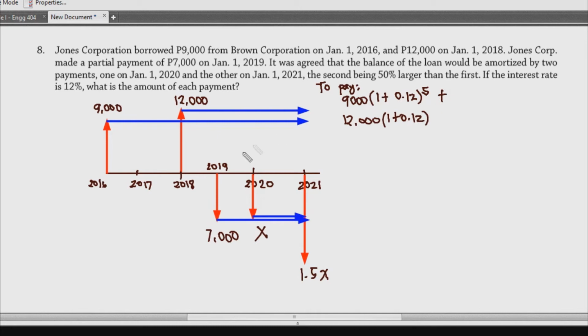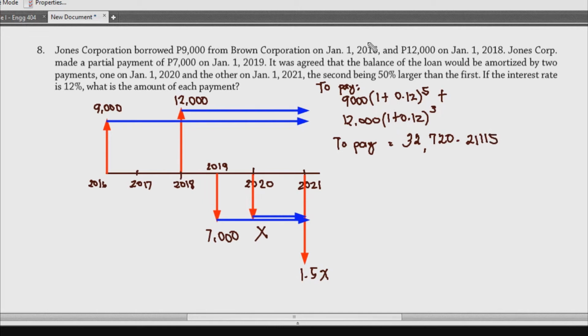And then instead of using 5, we have actually 1, 2, 3. So we just have 3 years for that. So ito yung magiging total natin na bayaran. Or bayarin pala. So meron tayong 9,000 times 1.12 raised to 5 plus 12,000 times 1.12 raised to 3. So basically, meron tayong 32,720.21115 pesos na kailangan bayaran dito.